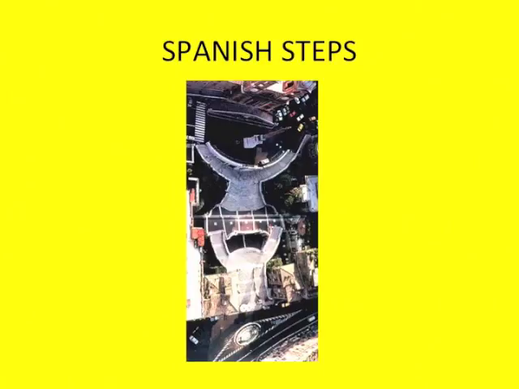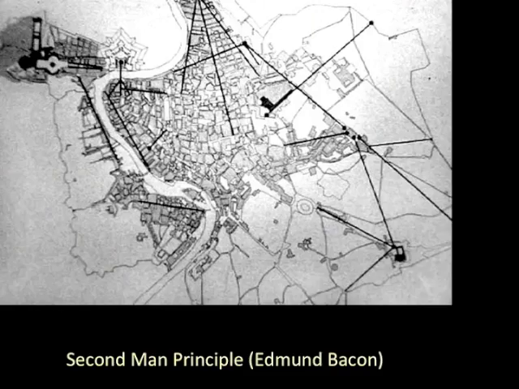We're moving a little bit farther forward in history, but these are some of the ramifications of the second man principle that Edmund Bacon talked about. We spoke about Edmund Bacon when we talked about the Nolli Plan of Rome, and Bacon, a city planner of the city of Philadelphia and also urban planner and urban theorist, wrote this book and talks about the fact that urban design really doesn't have to do everything at one moment.